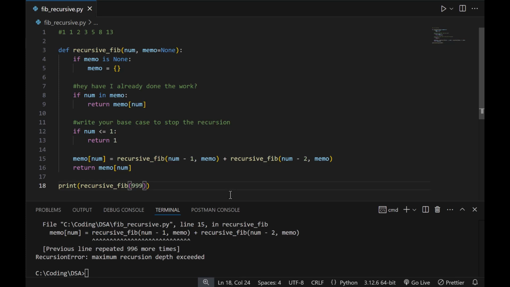We break the problem down to the smallest, simplest form and then work our way back up. And then you also understand that we can make this whole process more efficient by saving our work as we go along. If you get those two things, then I will be extremely happy.